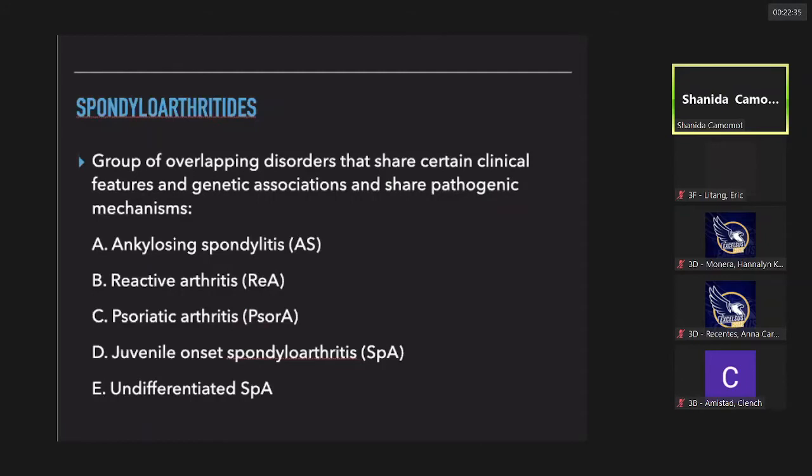So spondyloarthritis is more common in adults, but all forms can present during childhood. So many children with spondyloarthritis are classified in the juvenile idiopathic arthritis categories of enthesitis-related arthritis or psoriatic arthritis.